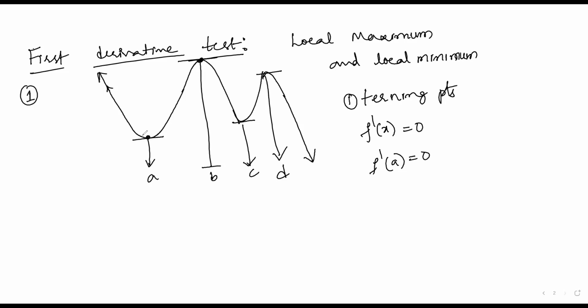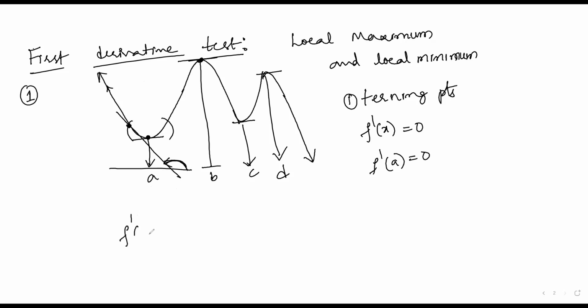Now here, this is called local minimum. In this region, this is minimum. If you draw the tangent here, the slope of the tangent is negative because the angle is more than 90 degrees.